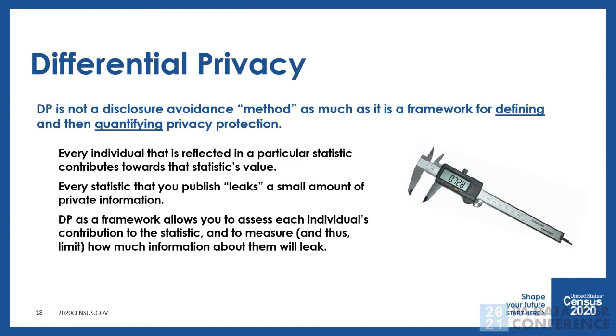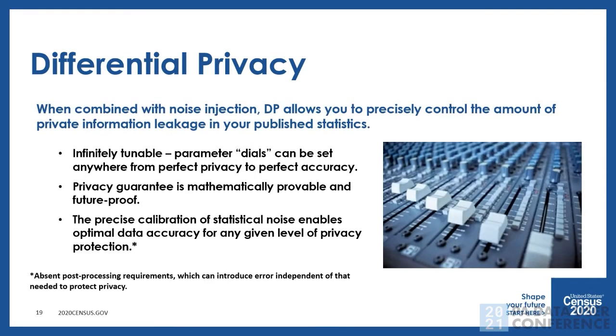And by measuring this contribution, it then allows you to determine and then limit how much information about that individual will leak in any statistic that you're publishing. So when you combine this privacy accounting framework with a disclosure avoidance approach like noise injection, differential privacy allows you to precisely control the amount of confidential information leakage that's going to occur in your published statistics.